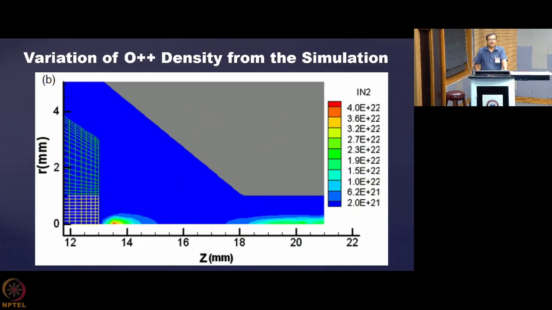So that is what we are doing now. We are now able to understand the species distribution: the electron density distribution, ion density distribution, and second ion density distribution, you are able to see over here. And why are they important? Some reactions which are very difficult to occur with the molecules can occur much faster with the first ionized state, and the same reaction will be even faster with the second ionized state.